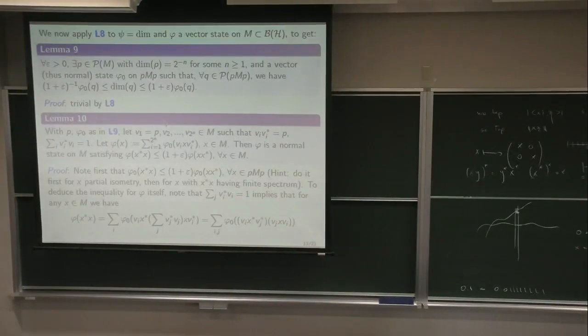This is the obvious way in which you should define phi on all of M once you know it on this corner.